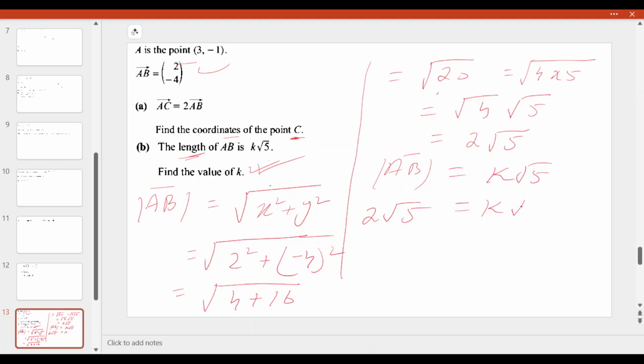This is k times under root 5. So these two are similar, they cancel out, and 2 is equal to k. So the value of k is equal to 2.